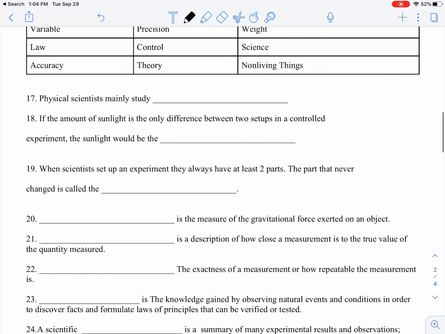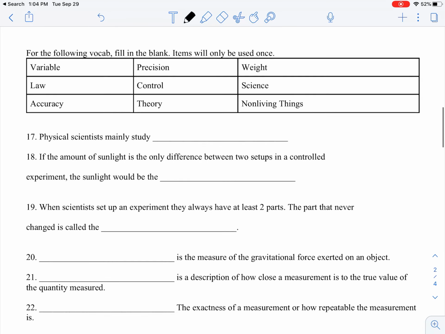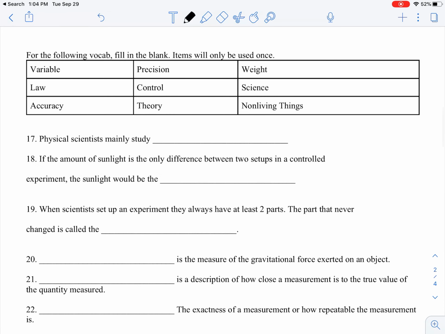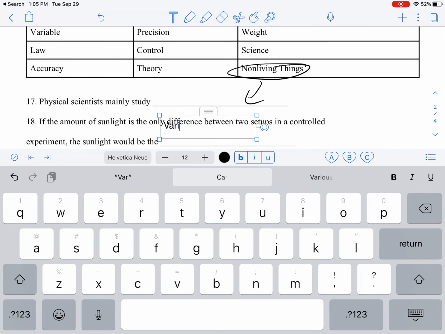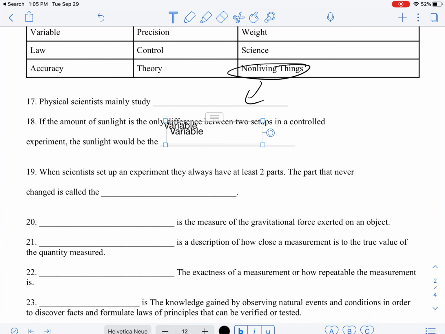Okay. So we're just doing some vocab fill in here. So physical sciences study mostly non-living things. I'll use text box now. There we go. And the amount of sunlight is the only difference between 2 setups and control experiment. The sunlight would be the variable.